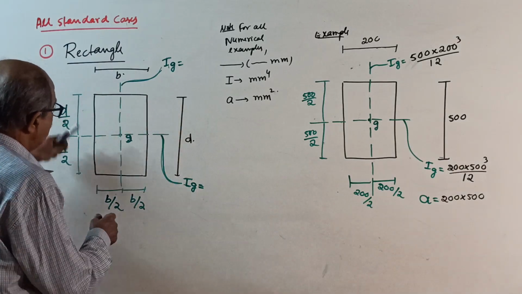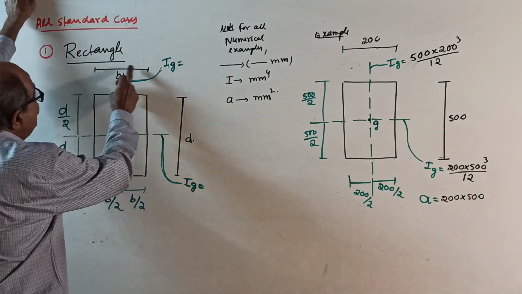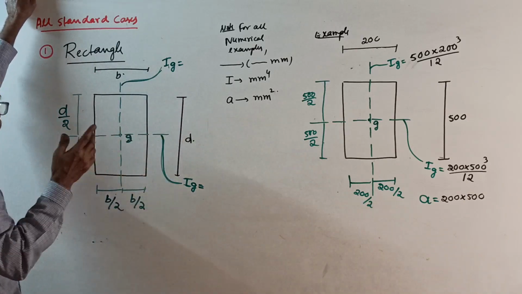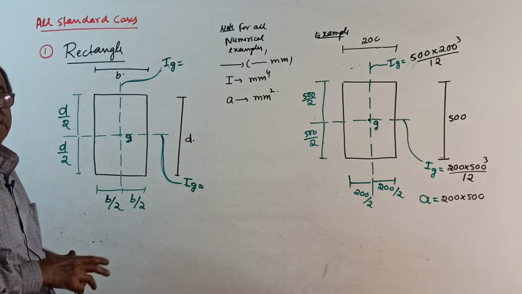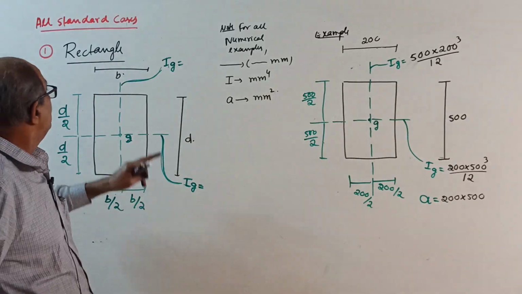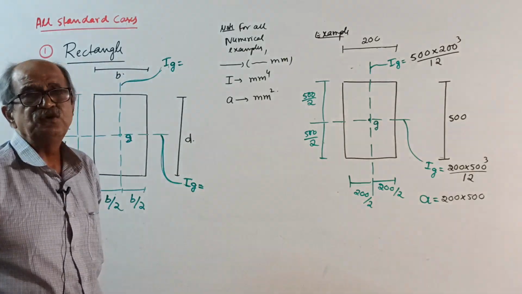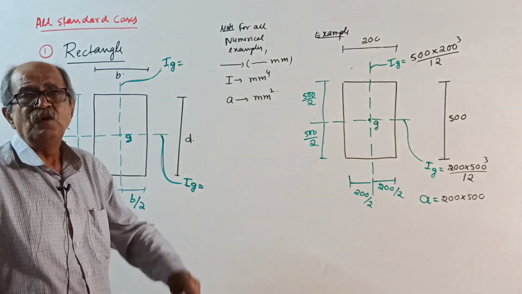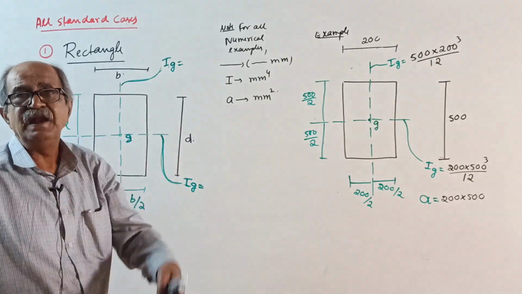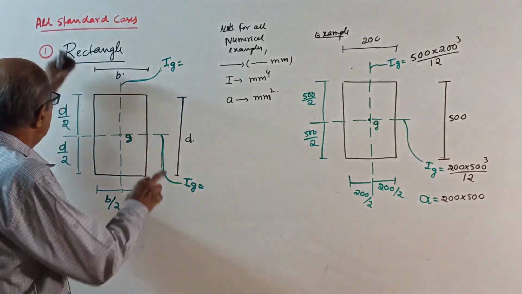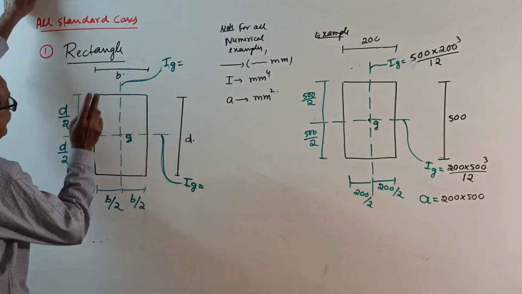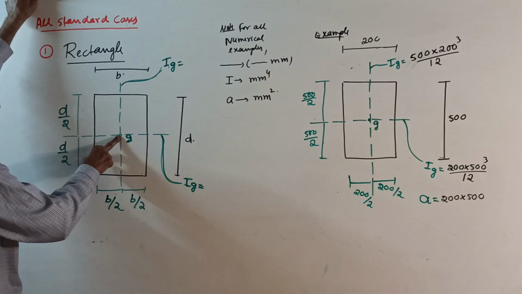What you remember is, this is B, this is D. We will tell B is the breadth, D is the depth. Usually people will tell horizontal side as breadth, vertical depth, but don't memorize by heart. B and D. Then centroid is here, G, exactly midway.